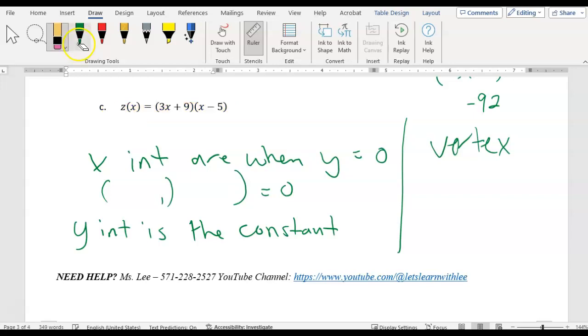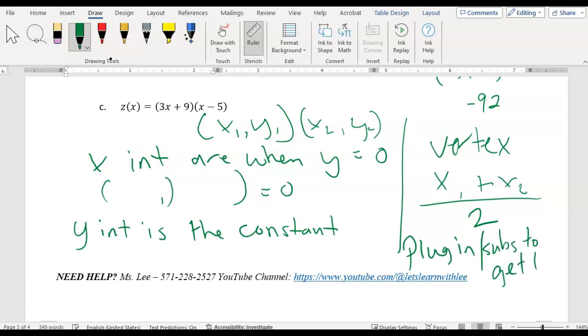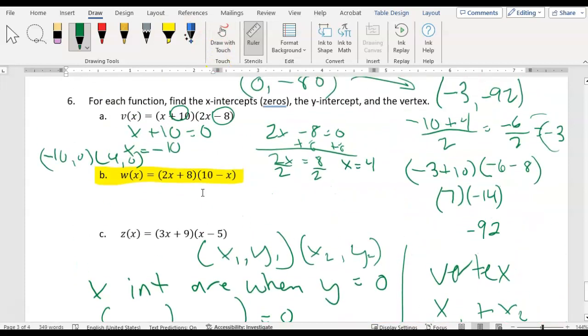Once we have those x-intercepts, say we have x sub 1, y sub 1, and then x sub 2 and y sub 2 for our two x-intercepts, then the vertex is x sub 1 plus x sub 2 divided by 2, which will give us the x value, and then you plug that back in or substitute to get the y value. Okay? All right. You can then check your answers on your calculator to make sure you've done that correctly.